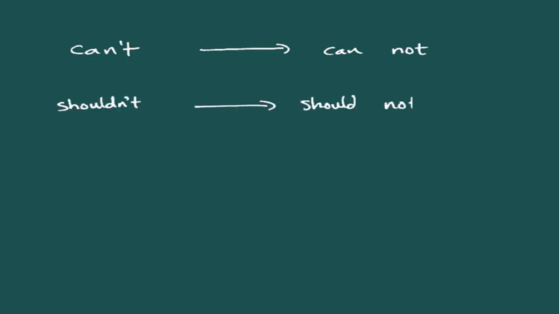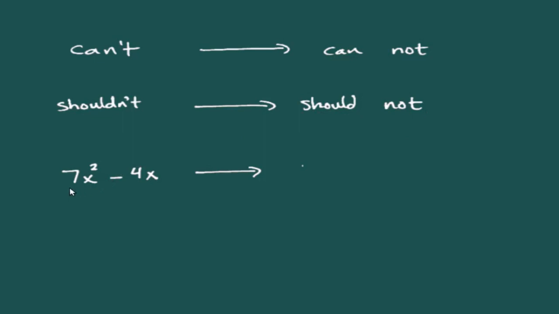And so, reminding a little bit, with words, when you see the word can't, you know that that is really just an abbreviation for the two words cannot. If I see the word shouldn't, I know that that's just the abbreviation for should not.